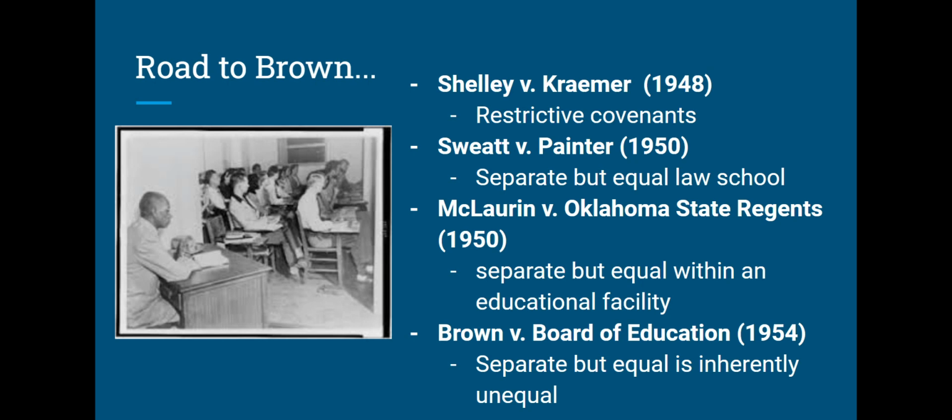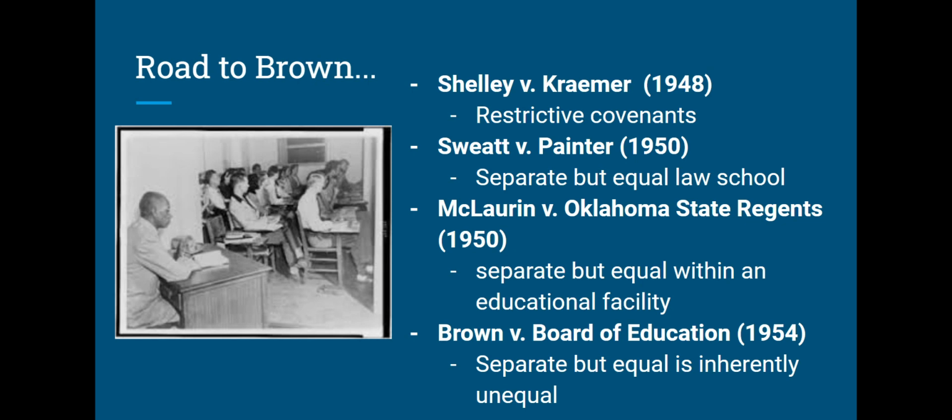Now, in the Sweat versus Painter case, Texas had originally told Sweat, you know what, you can go to a different state if you want to go to law school. And that didn't seem to satisfy. So what they ultimately decided to do was create, I'm forgetting the name of it, but it was the University of Texas Law School for Negroes or something like that, right?